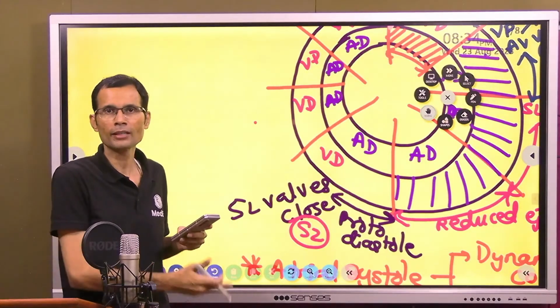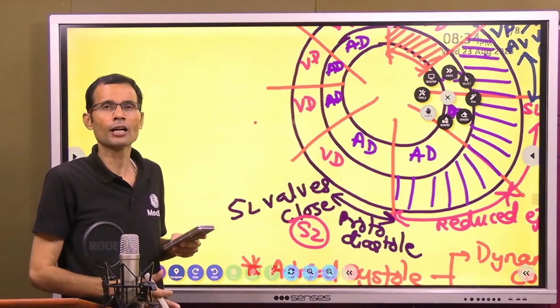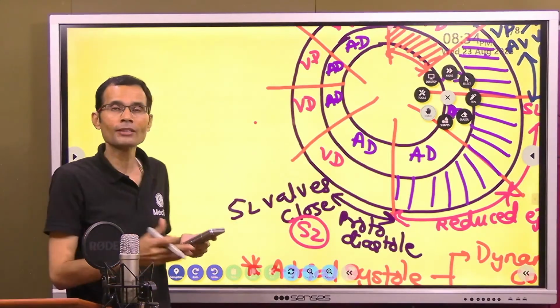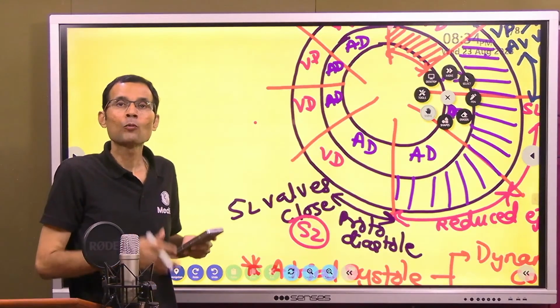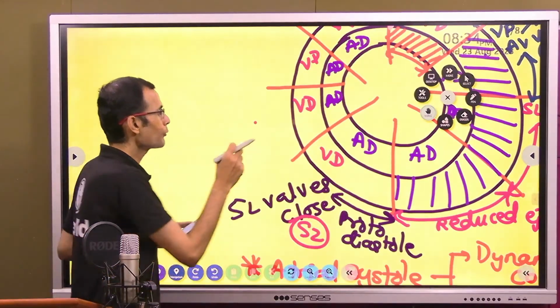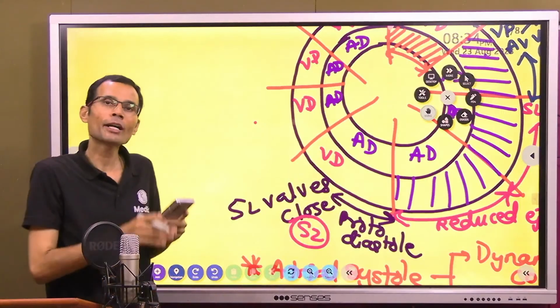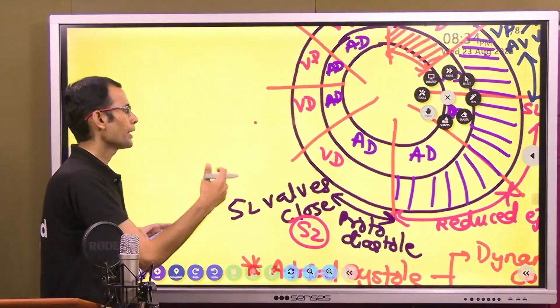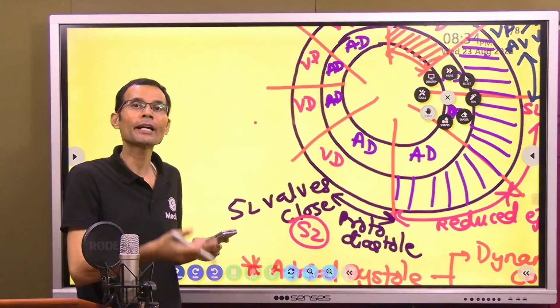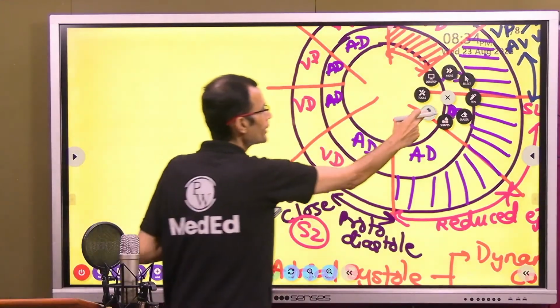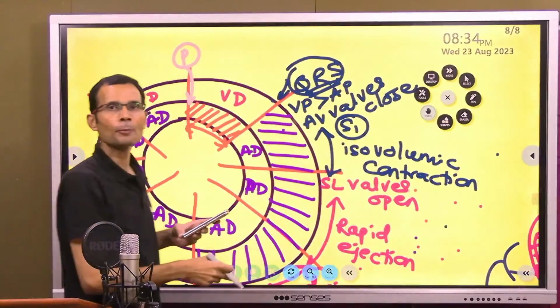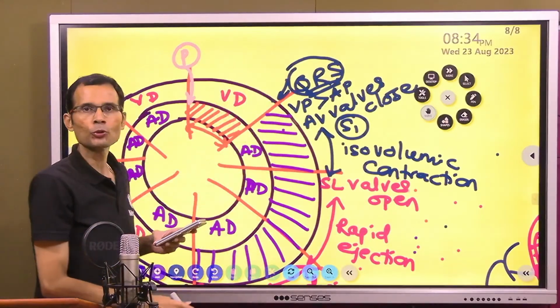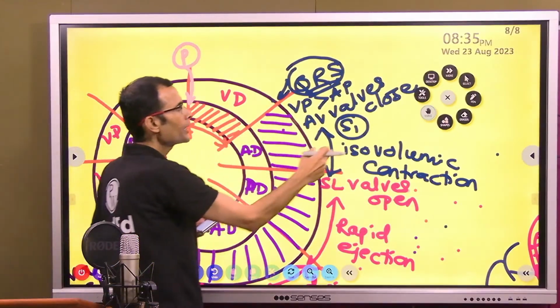Ventricular diastole has started, but ventricular filling cannot start. Why? Because the AV valves are also closed. Why have they not yet opened? Because the ventricular pressure, although it is falling, has not gone below the atrial pressure. You see this here? Ventricular pressure became more than the atrial pressure at the start of systole. Now it has begun to fall.